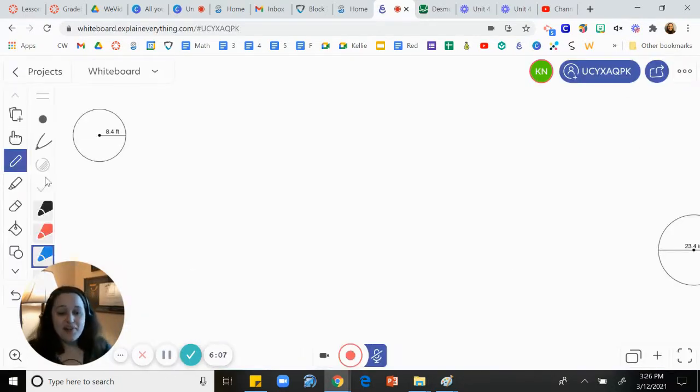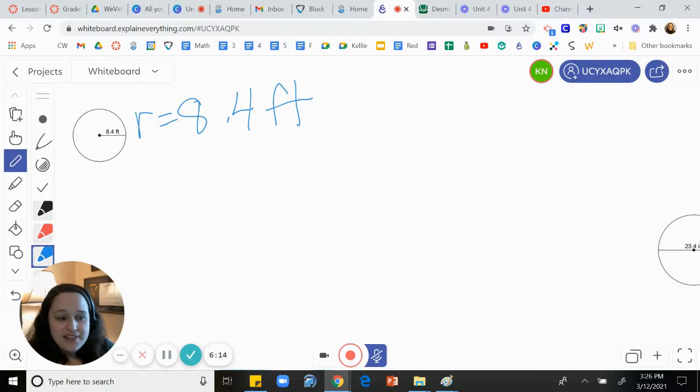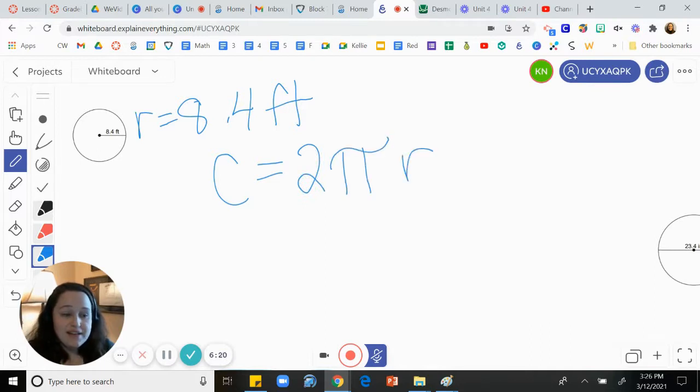Here's another example. I've got a radius of 8.4 feet. So to find the circumference, I can use circumference equals 2 times pi times the radius. It's okay that there are decimals here. There's no change. I'm going to do the exact same thing.